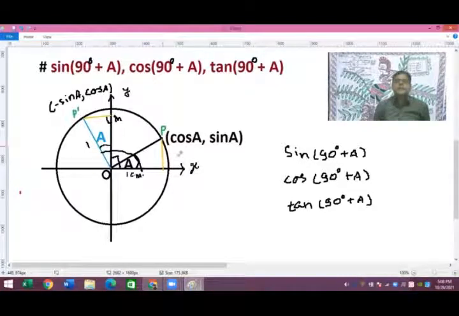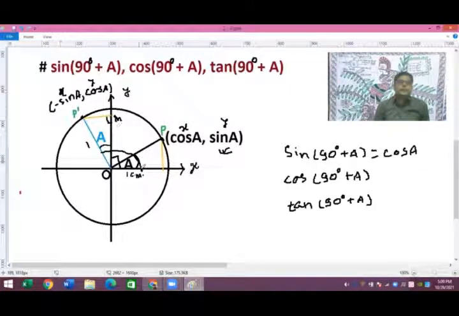So let's check sine (90 plus A) for this position. You saw when it is sine A, that is the y coordinate, and here also this is the y coordinate, and because of this 90 plus A, it has now turned to cos A. So you can write here this is cos A, and we have just seen that in the second quadrant sine is positive, so we got the positive value for sine in terms of cos A. Now what happened to the x coordinate?